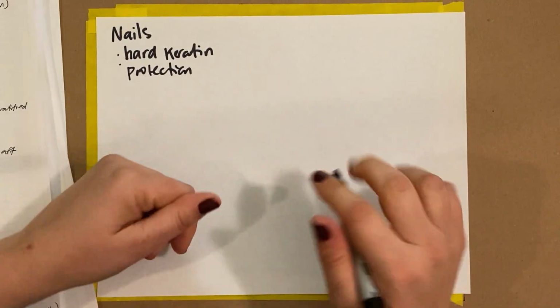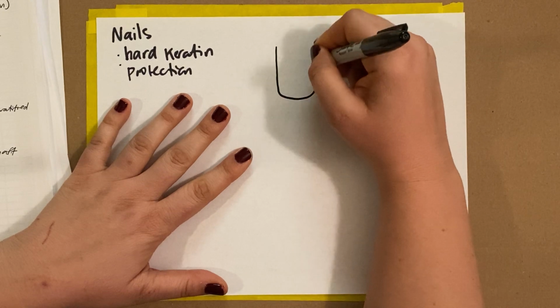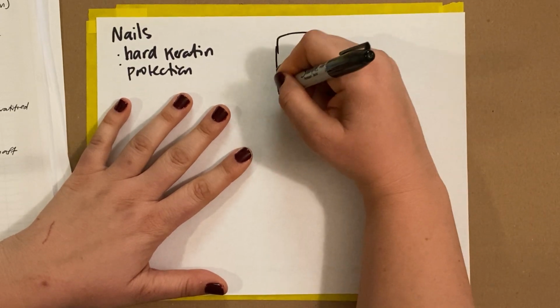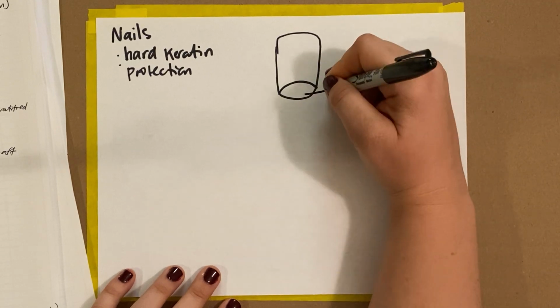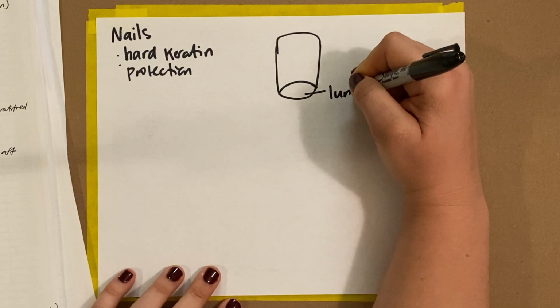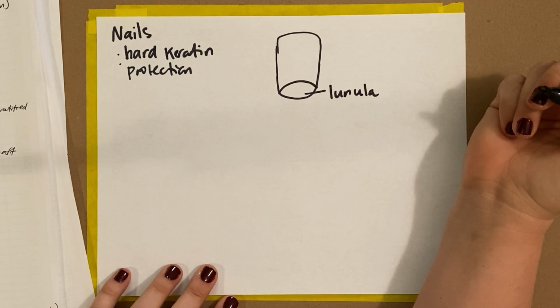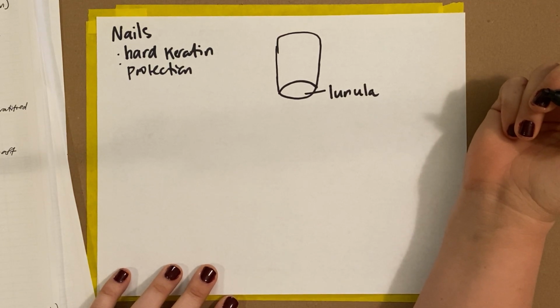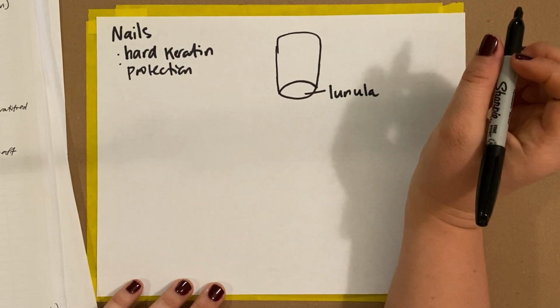Well, I painted my fingernails, so you can't really see this, but most nails are going to have this white shape right here at the bottom. This is called the lunula. I have no idea how to say it. It's late, sorry.